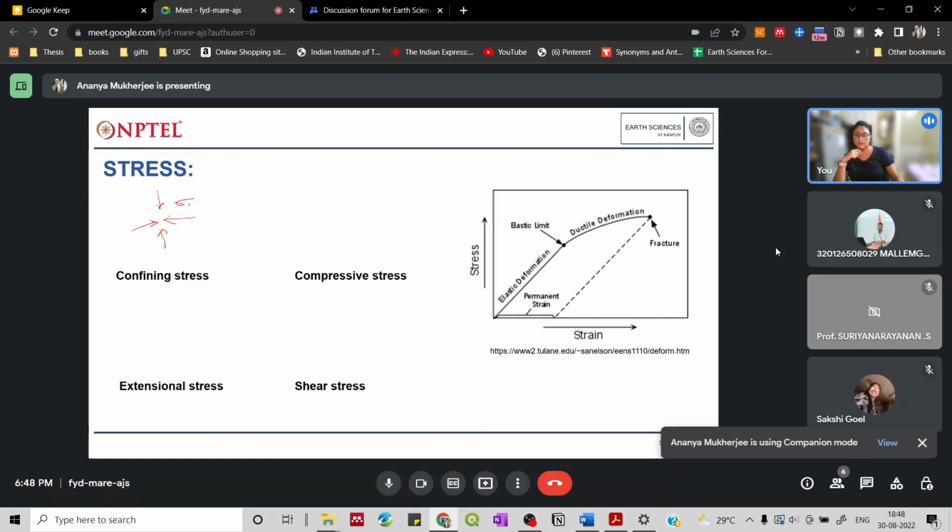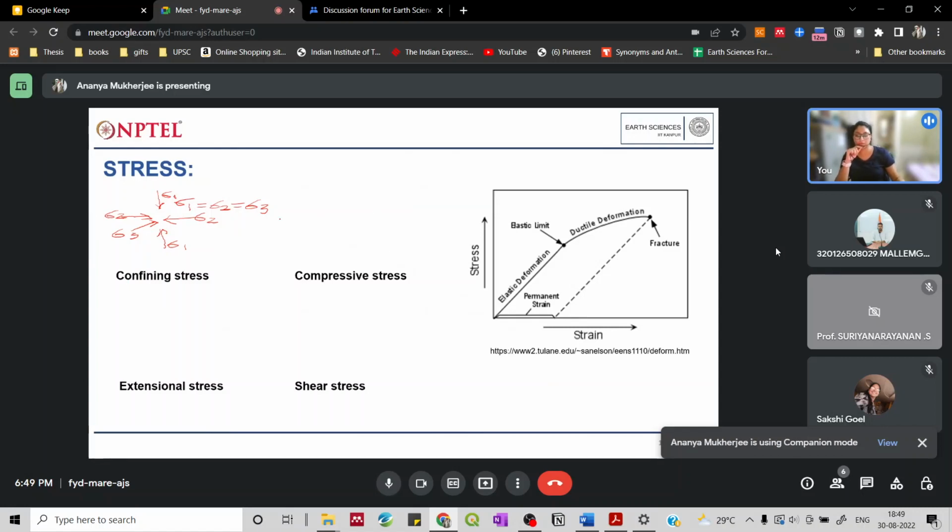Sigma 1 is equal to sigma 2 is equal to sigma 3. Suppose this is your sigma 1, this is sigma 2 and this is sigma 3. This is again sigma 1, and this is sigma 2. So sigma 2 and sigma 3 are horizontal, and sigma 1 is vertical. All of these are equal, so it's a confining stress.